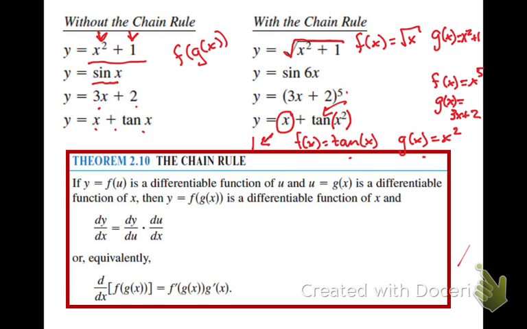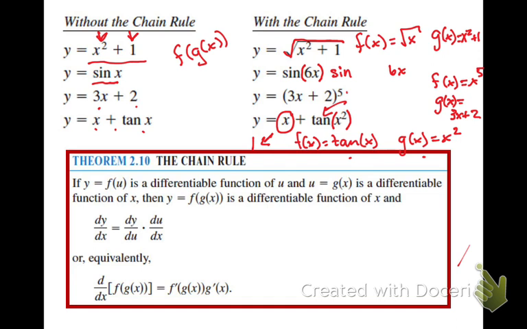This one, again, put your parentheses. They don't, and it makes it hard. Because f is sine, and g is 6x. We have to know what is f and what is g. We have to know the inside function, and we have to know the outside function.